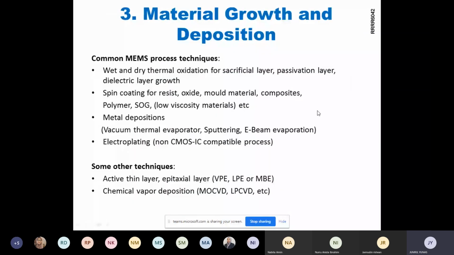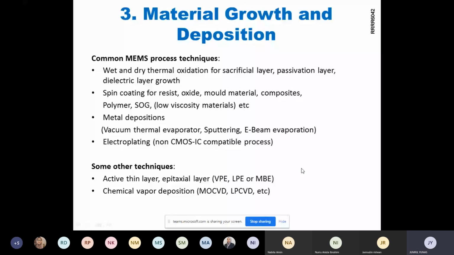So now we come to the third section, material growth and deposition. This is a common, basic technique in MEMS processes.